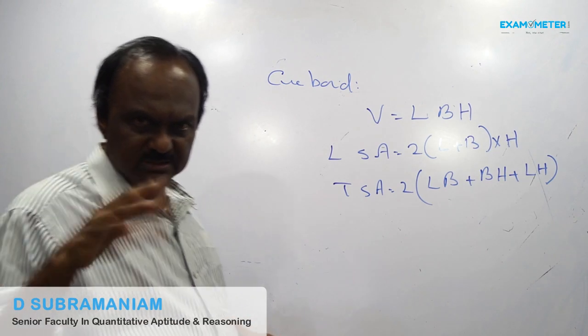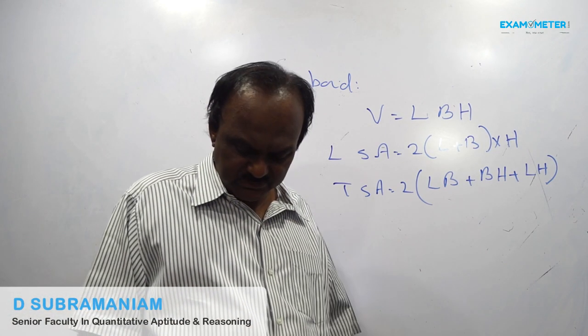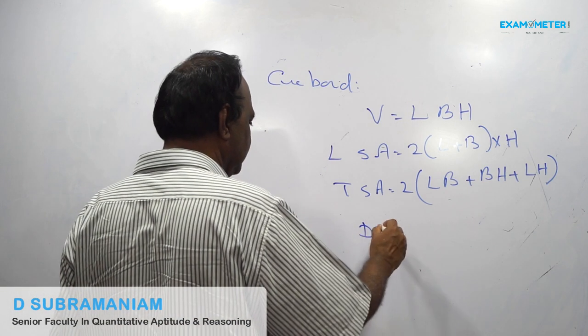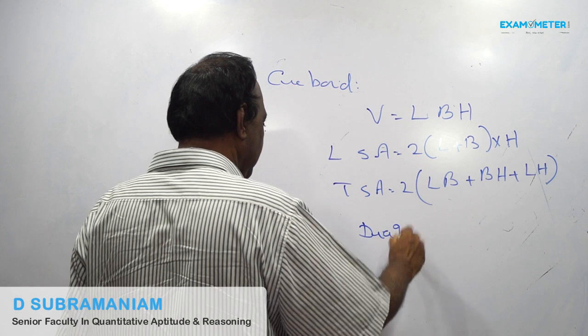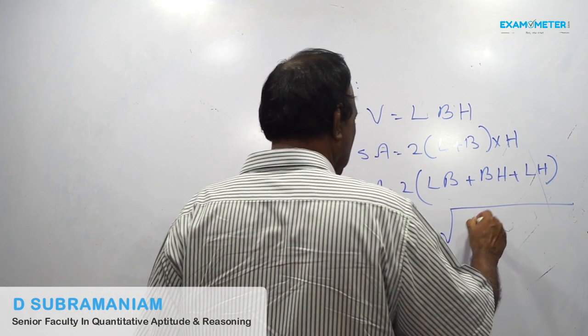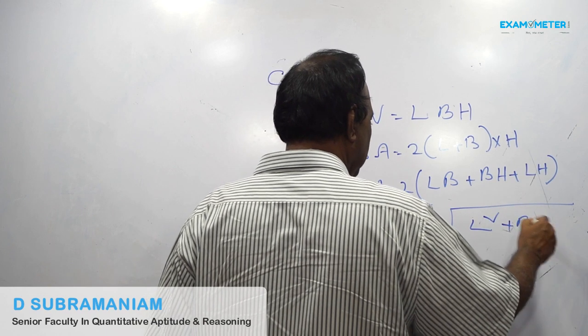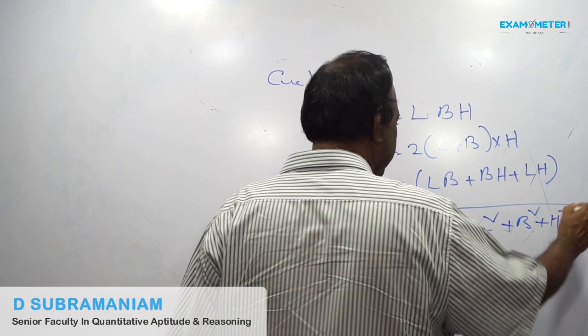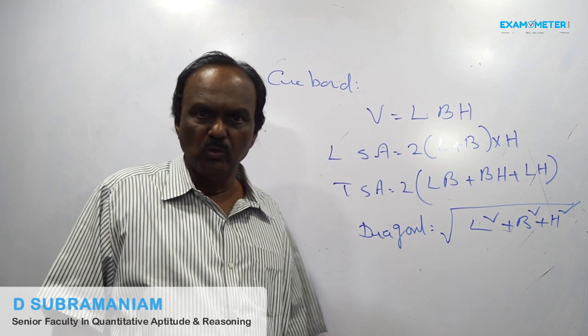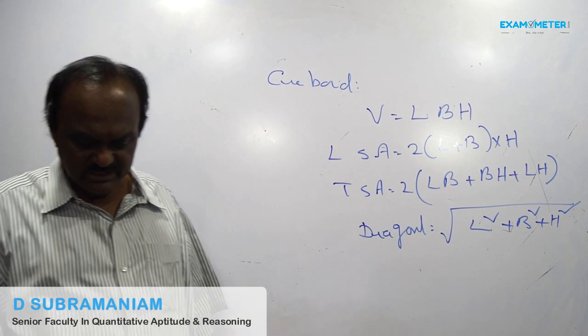All are square units. Area will always be expressed in square units. Diagonal of a cuboid is root of L square plus B square plus H square.